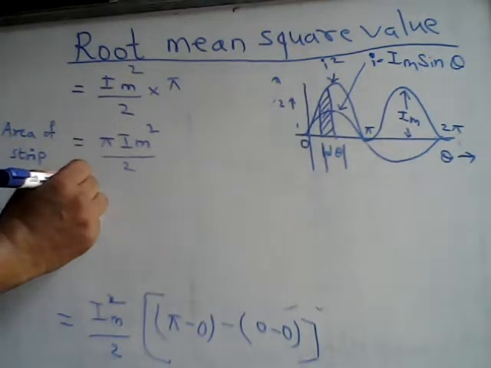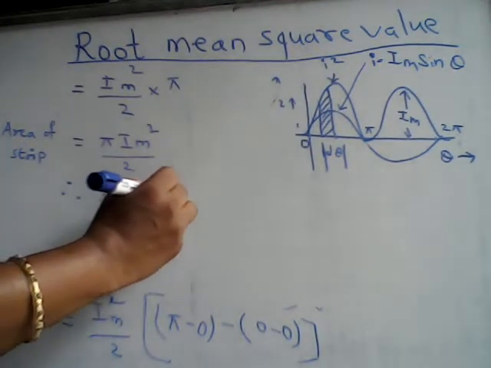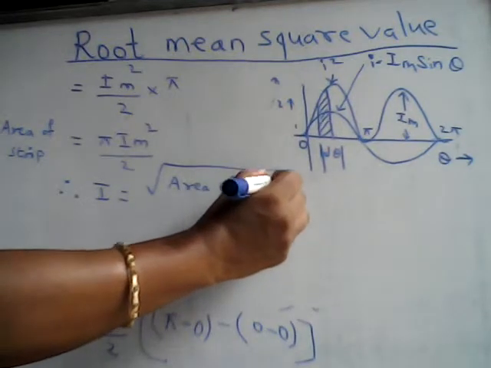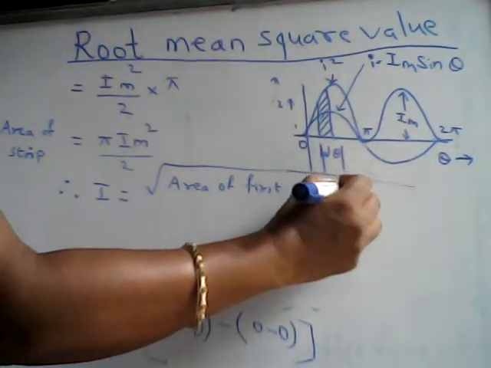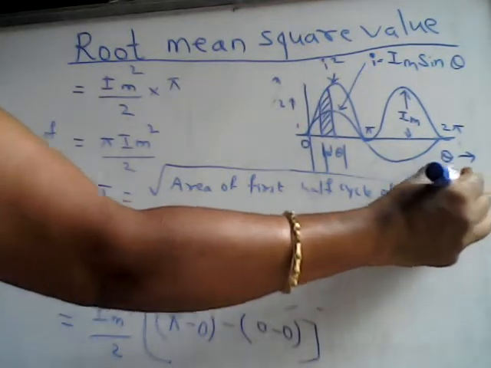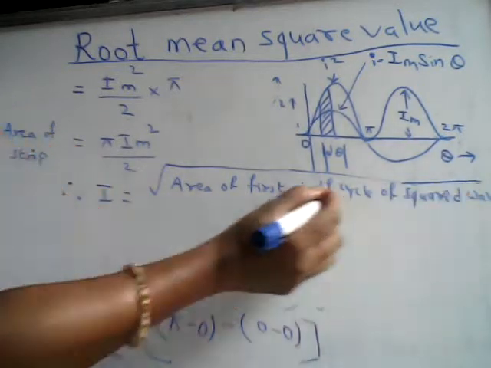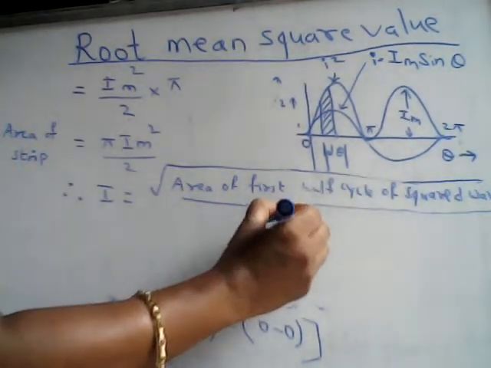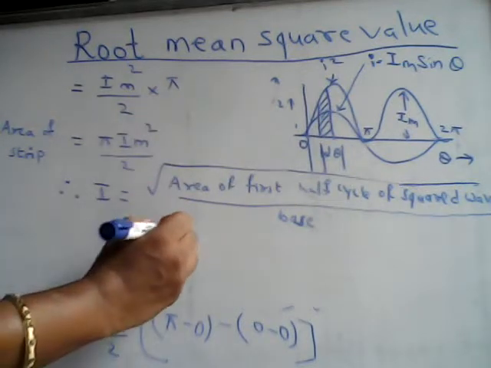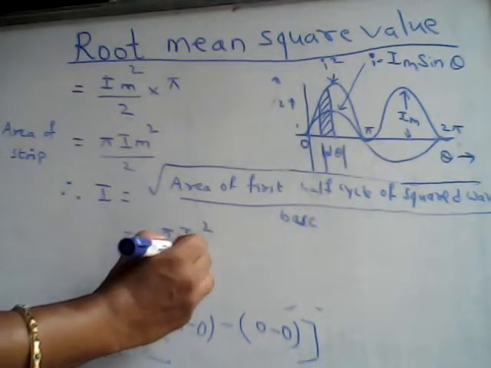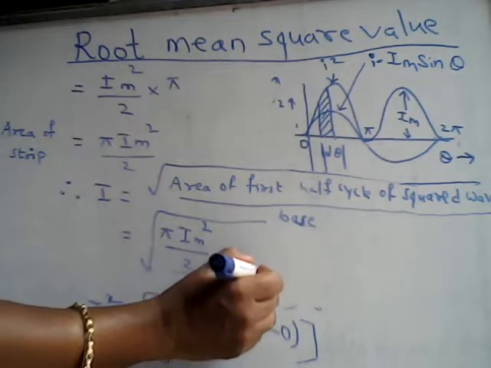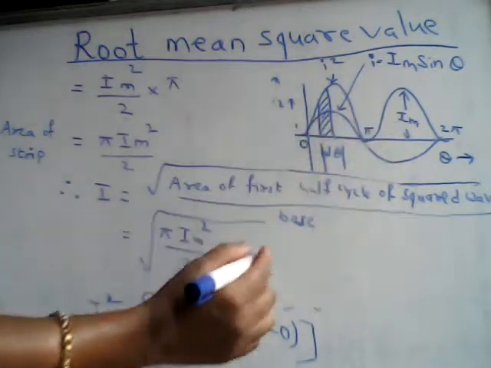Now we know that the current is given by the root of the area of the first half cycle of the square wave divided by the base. So the area of the first half cycle, we got it as pi into Im square divided by 2, and this whole is divided by the base. The base we have taken from 0 to pi, so the base is pi.